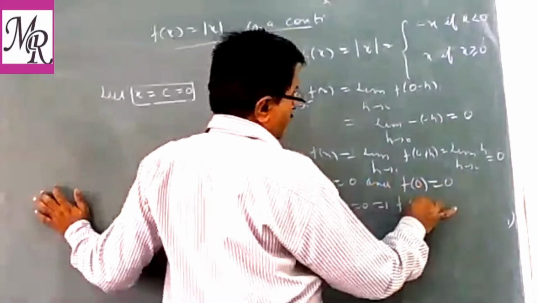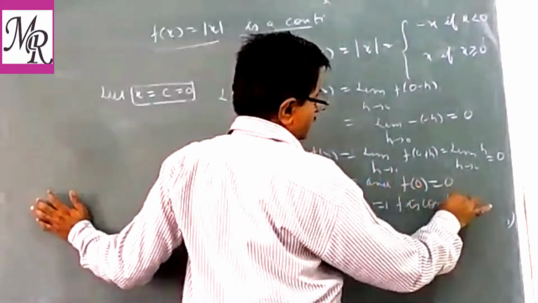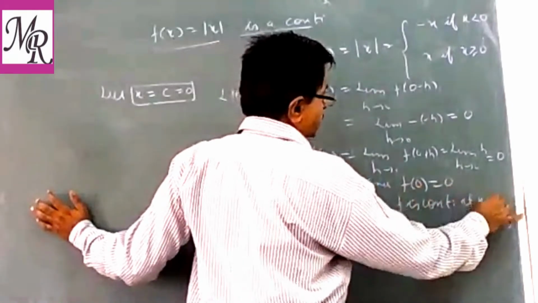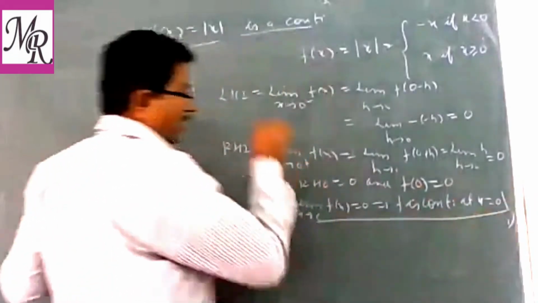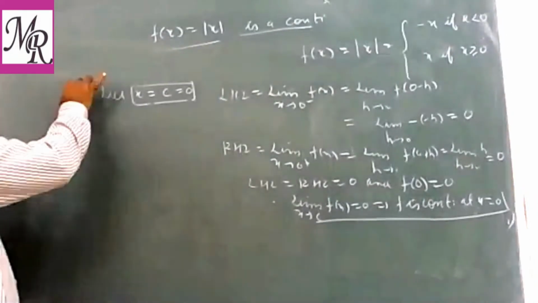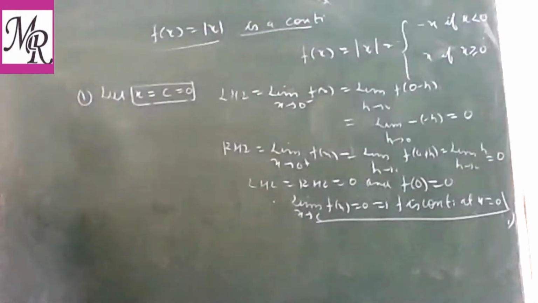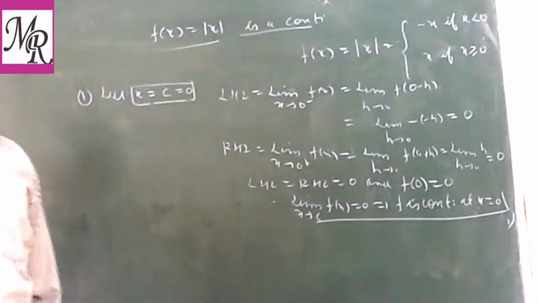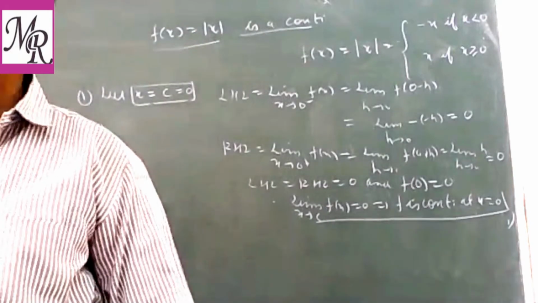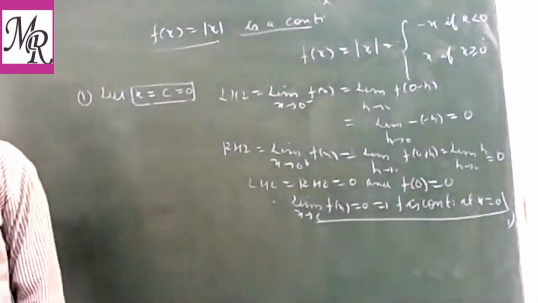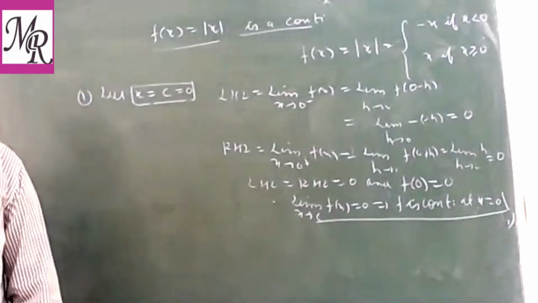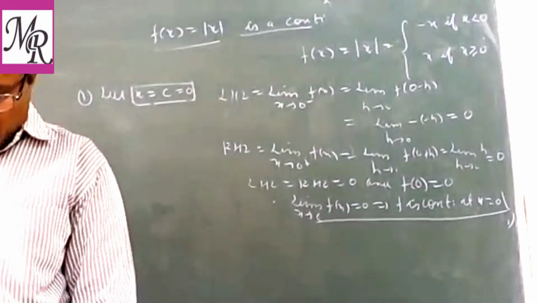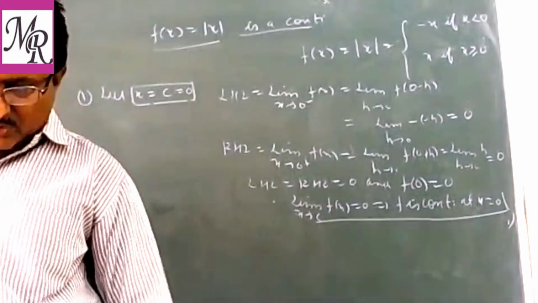Therefore f is continuous at x equal to 0. पहला पॉइंट ये हो गया. We have to take case number 4. At x equal to 0, we are checking either the function is continuous or not. Right? Now, secondly, you take the point which is less than 0.